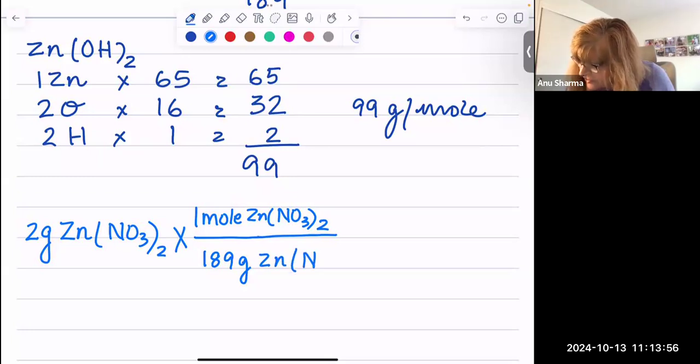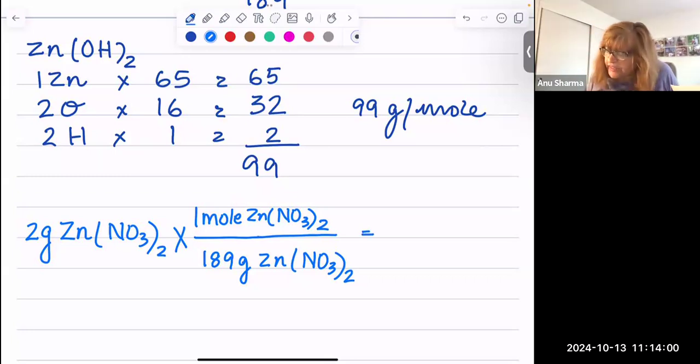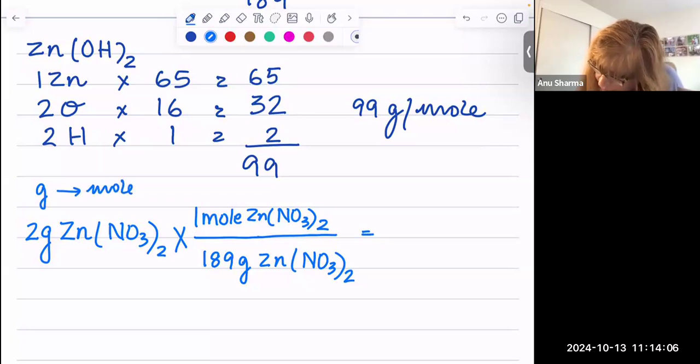To finish this, let's do it in parts. This first step is to convert grams to moles. If some people like to do it stepwise, you can do it this way also.